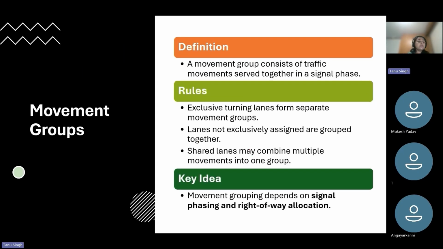Now coming to the movement groups. A movement group consists of traffic movements that are served together in one single phase. So whatever group is allowed to move in one particular single phase is known as the movement group.